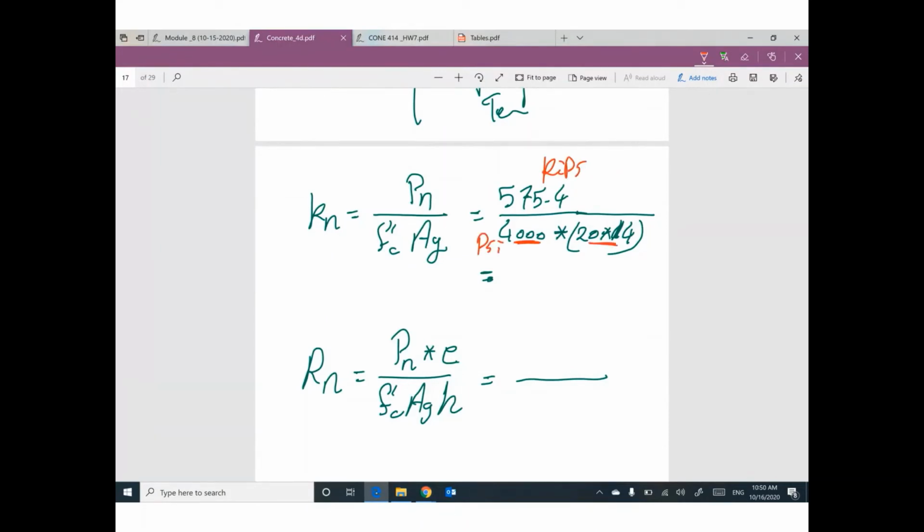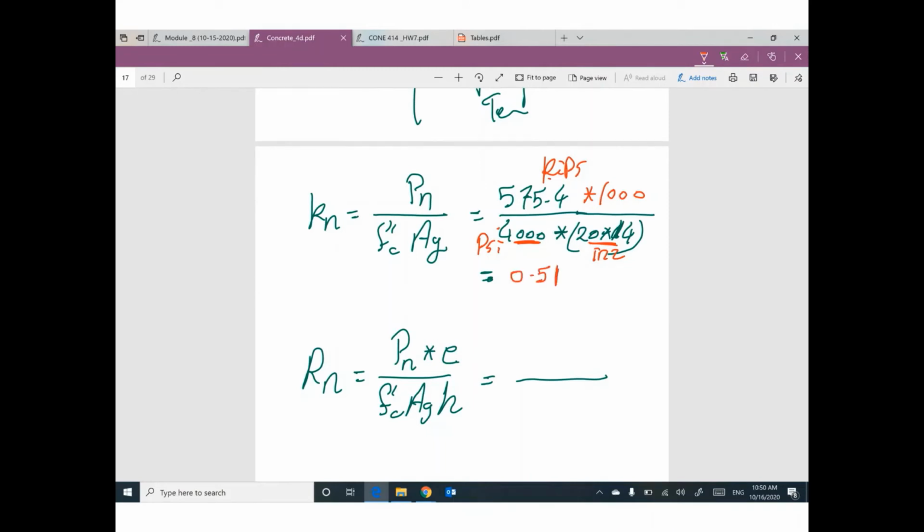I don't have an issue with inch, but this one is in pound and this one is in kip. So I have to multiply it by 1,000. Your units must be consistent. So 575.4 times 1,000 divided by 4,000 times 20 times 14. This value equals 0.51.